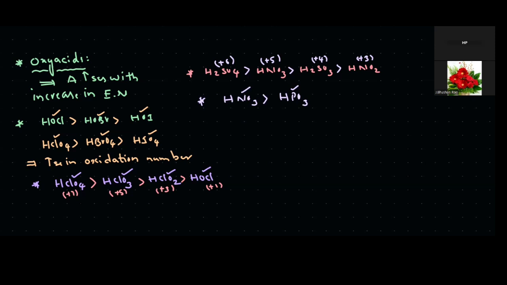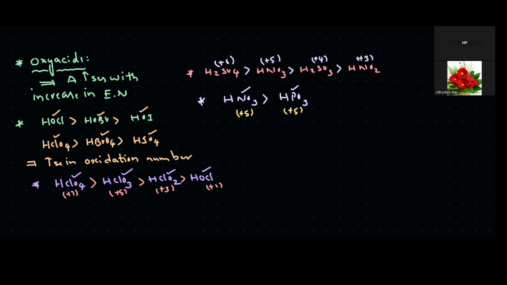So how to identify that? What is the oxidation state in both? The oxidation state is the same for both nitrogen and phosphorus. Nitrogen oxidation state is +5, phosphorus also +5. So the oxidation states are the same. Then it depends on the size only.